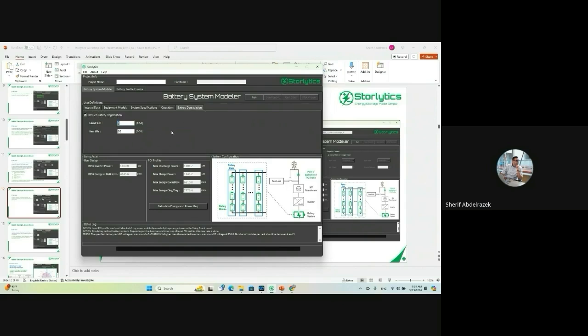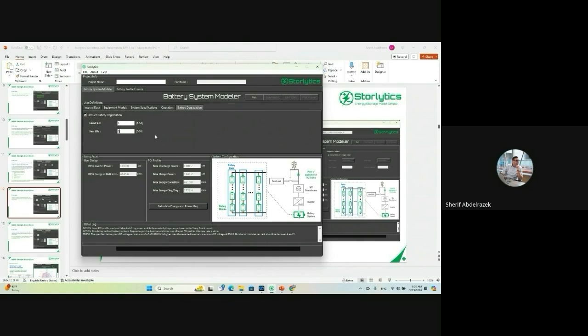And then battery degradation, we can turn it on or off by ticking this checkbox. For the initial state of health, I'm going to assume it's 1, which is 100%, which basically means your battery cells are new. If you were trying to simulate a case for augmentation, for example, this is where you can change this parameter and assume the batteries have some life on them, so you would go less than 1 here.